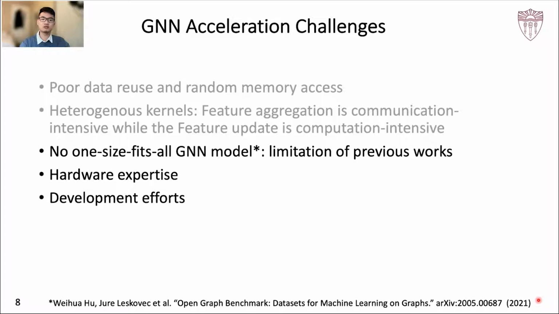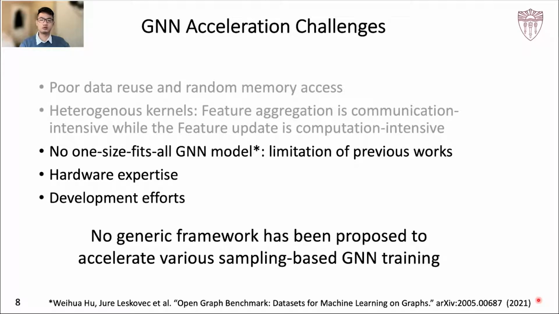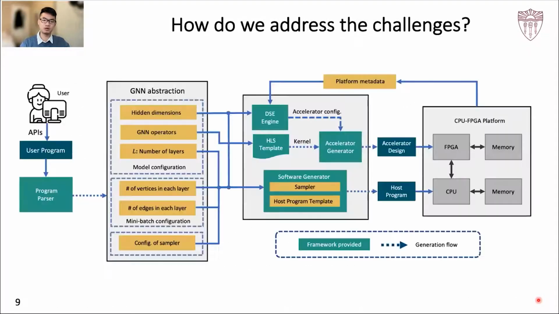So we found that there's no generic framework that can accelerate various sampling-based GNN training, which motivates us to conduct this work. We want to propose a general framework that can support different GNN models, not just a specific model or a specific kind of sampling algorithm.